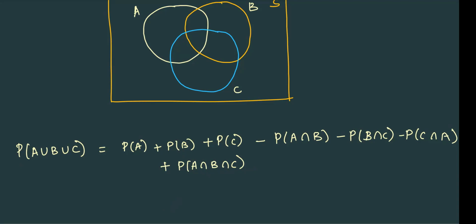So how did we do this? Now A union B union C is the entire region taken once.